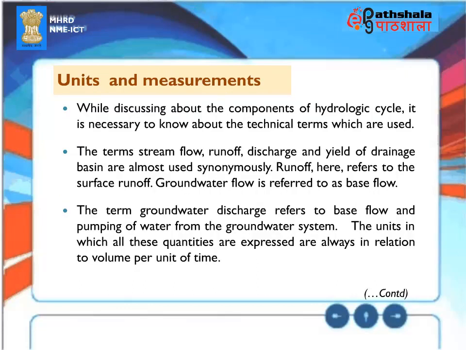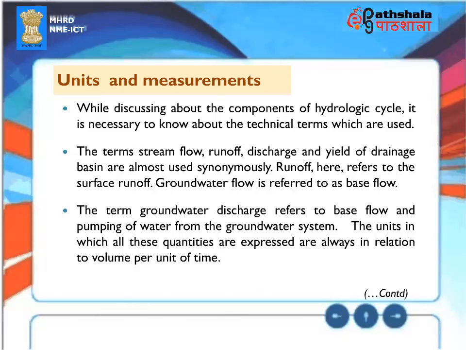Units and measurements. While discussing the components of the hydrologic cycle, it is necessary to know about the technical terms which are used. The terms stream flow, runoff, discharge, and yield of drainage basin are almost used synonymously.